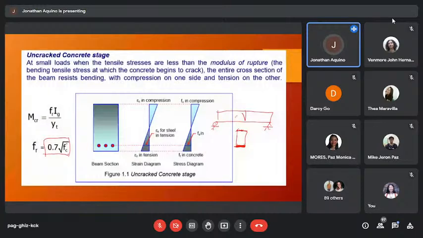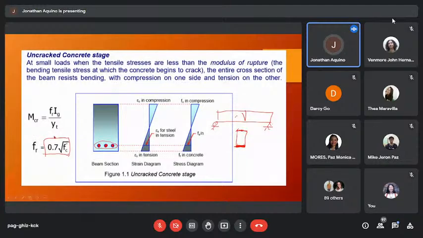So for uncracked section, this tension reinforcement, hindi pa siya kumakarga nung any bending moment. So before nakakarga siya ng stresses, kailangan mag-crack muna yung concrete section sa tension side. Okay? Then the cracking moment, so ito yung moment capacity before the concrete cracks.